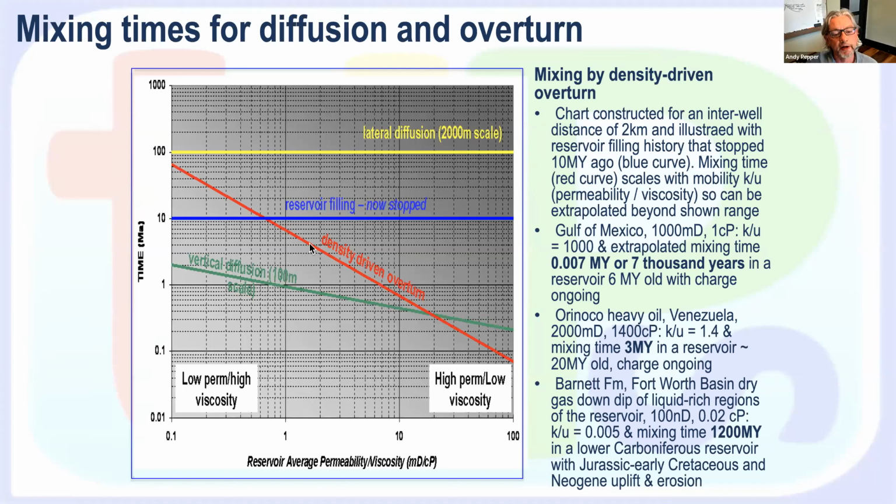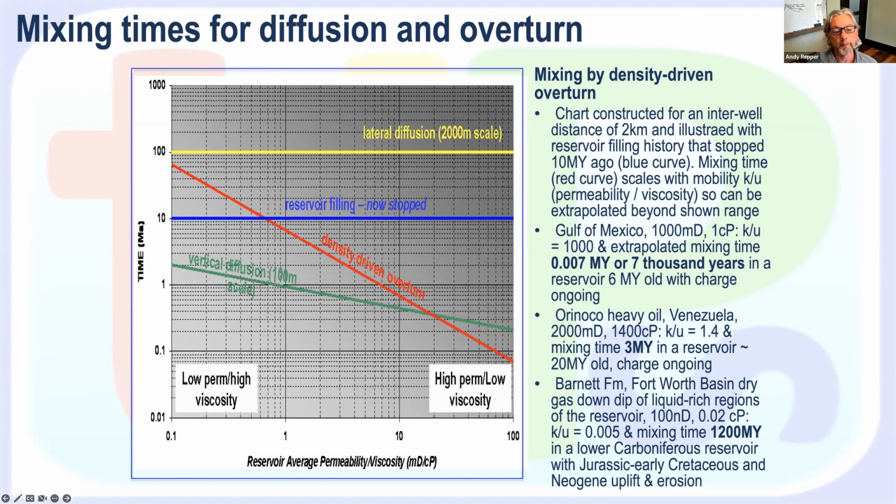William established, based on the fluid mobility, which is the permeability divided by the viscosity, how long in millions of years it takes to overturn given this kind of reservoir mobility. When we get to really low permeability, the overturning is tens of millions of years. And when we have extremely permeable or mobile fluid systems, it's thousands of years. So it's a huge thing to try to understand.